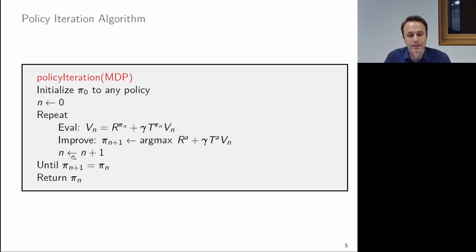And if we change that policy, that means that we have found a better policy, and we repeat it until we don't change that policy anymore. So we cannot improve further, and then we are done and we found the optimal policy.